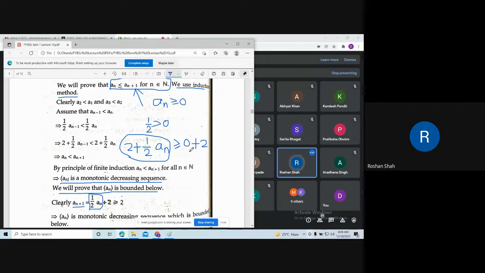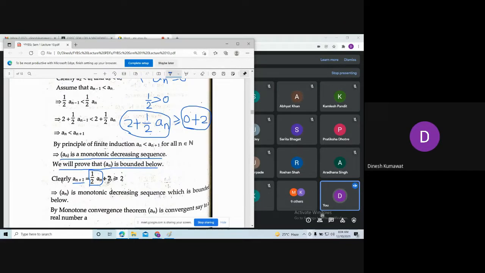Observe what we are getting over here: 2. So what is the lower bound for this whole sequence? 2. So clearly 2 is the lower bound for this sequence An plus 1.